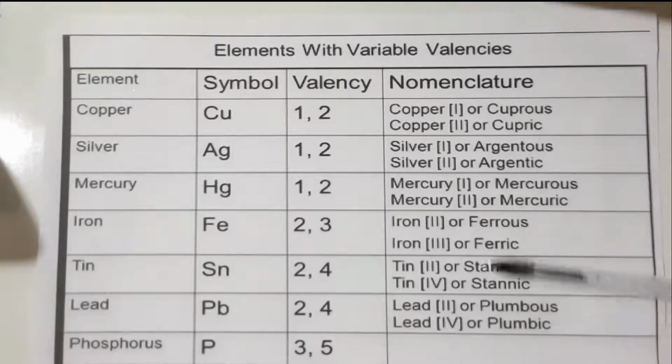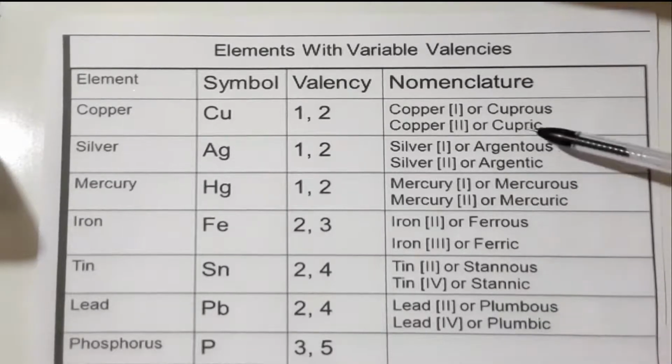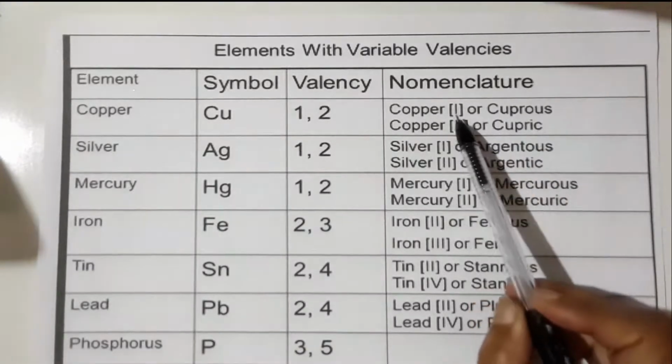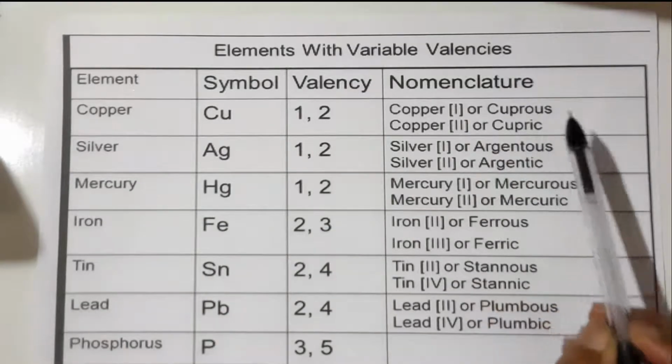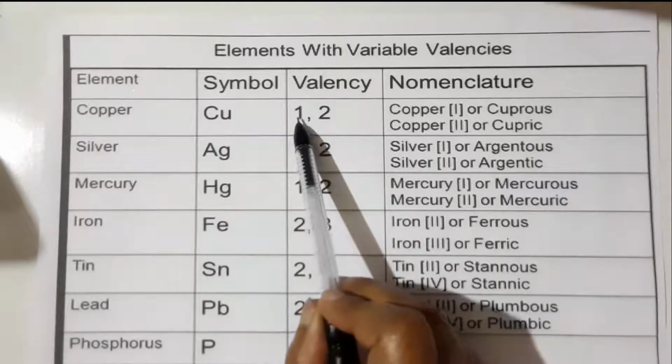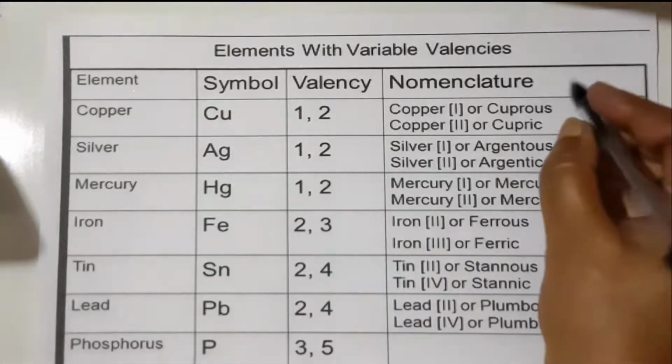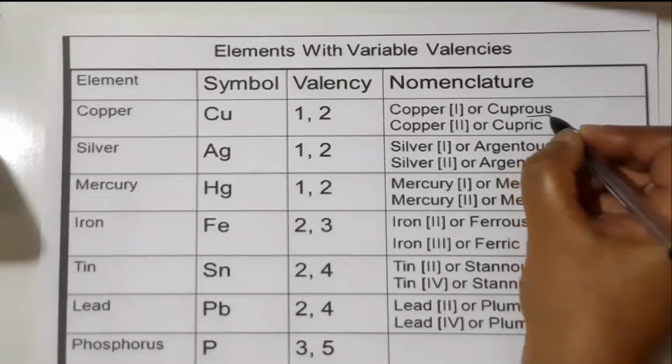All these elements, you see, are showing two different valencies, and the name of the element is written as copper 1 or cuprous. So the lower valency of the element is named with OUS.